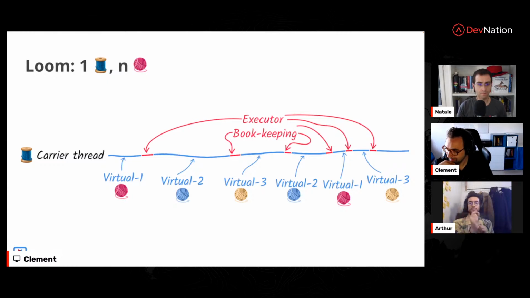And when the first one, virtual thread number 1, is going to perform a blocking call, what's going to happen is that it's going to hit some library in the JDK, some code in the JDK that's going to unmount it from the carrier thread. And hence the carrier thread is going to be able to do something else while the operation is actually being accomplished. And when the operation is going to complete, the virtual thread will be able to be remounted on top of the carrier thread, resuming its execution.